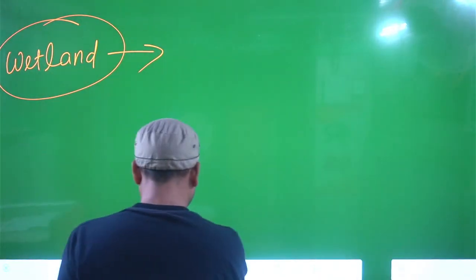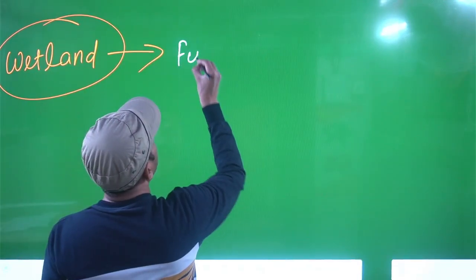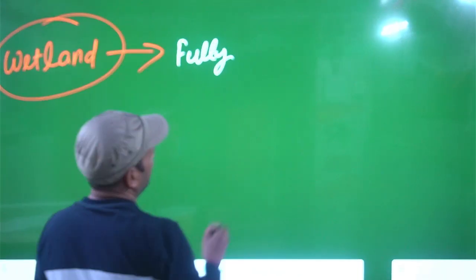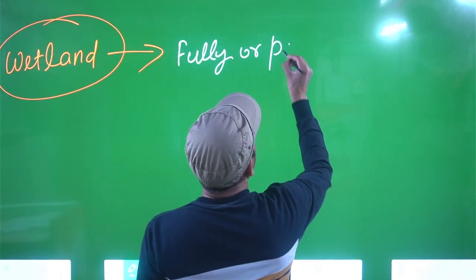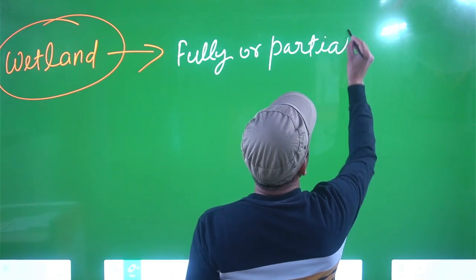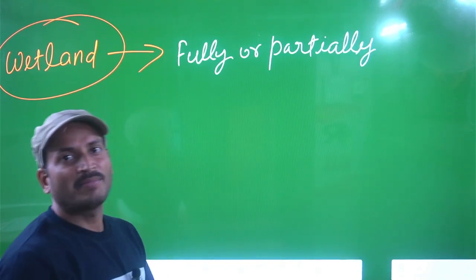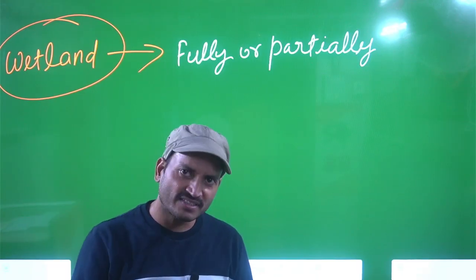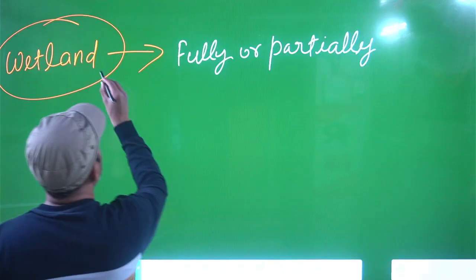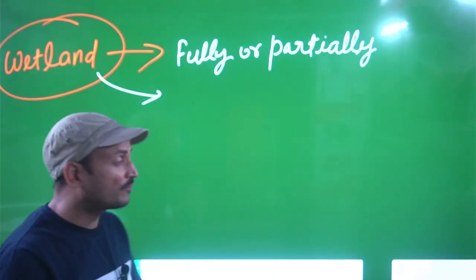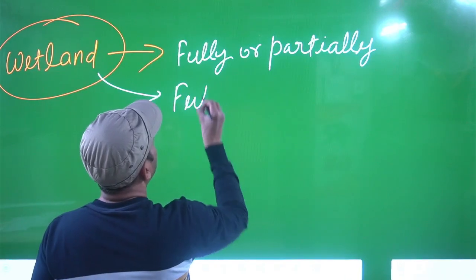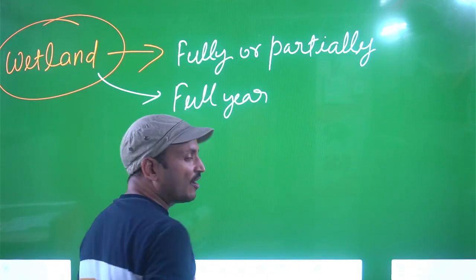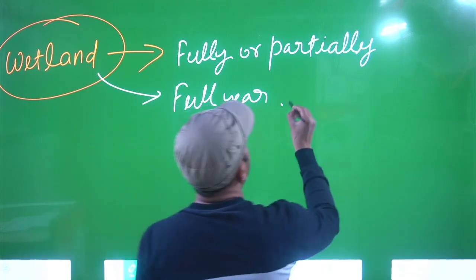Now, a wetland is an area fully or partially submerged underwater. Either it is fully submerged or partially submerged, either throughout the year, meaning the full year, or a major part of the year.